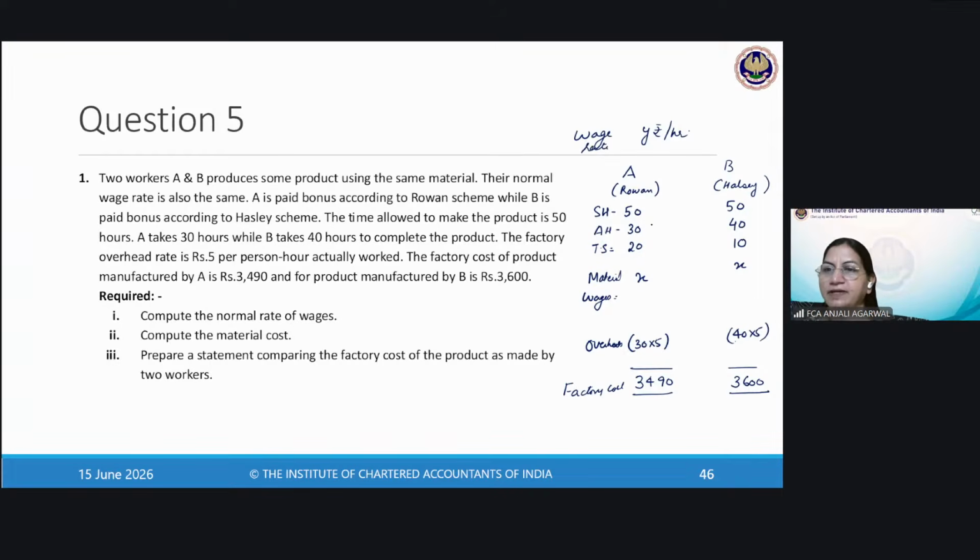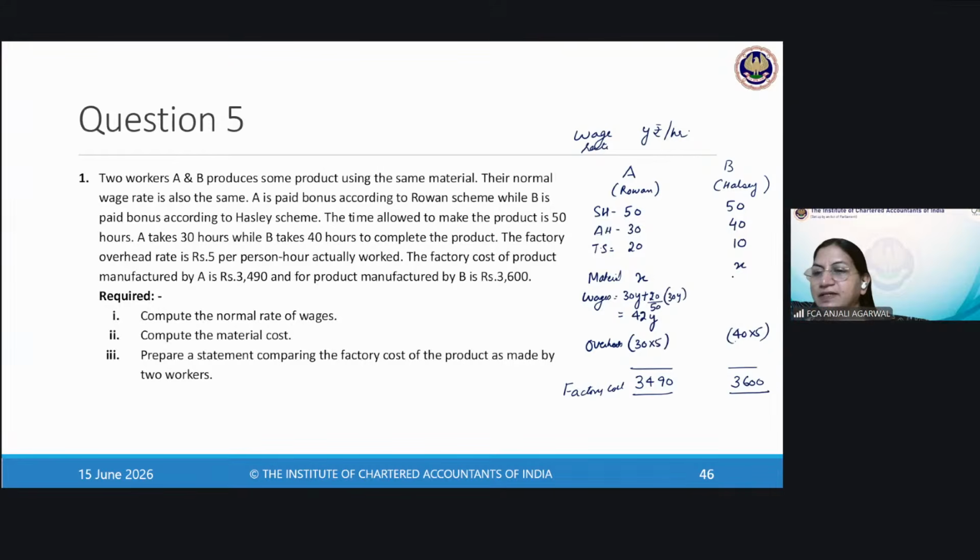So what would A get as per Rowan plan? He will get 30Y plus bonus. Bonus would be 20 by 50 of 30Y, that means 40% of 30Y. That is 12Y. So wages will be 30Y plus 12Y, 42Y.